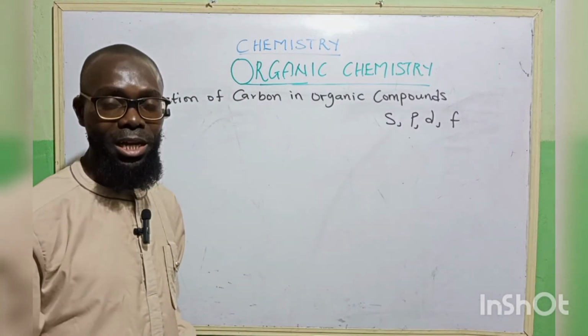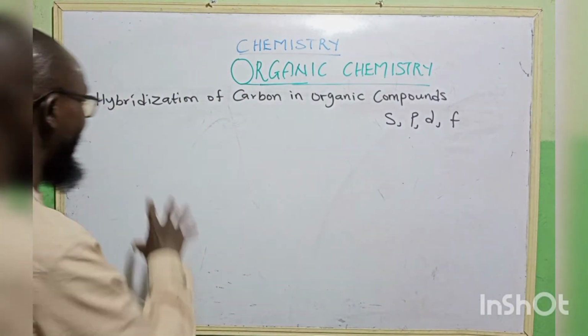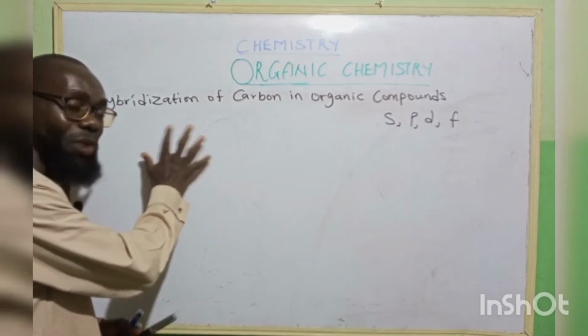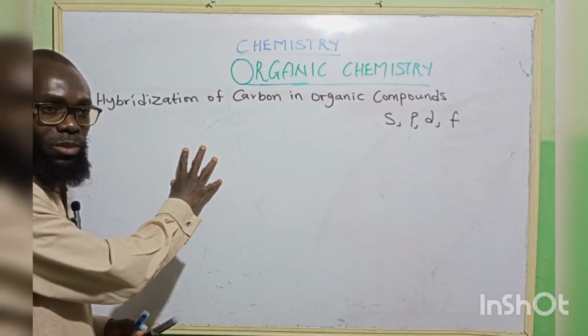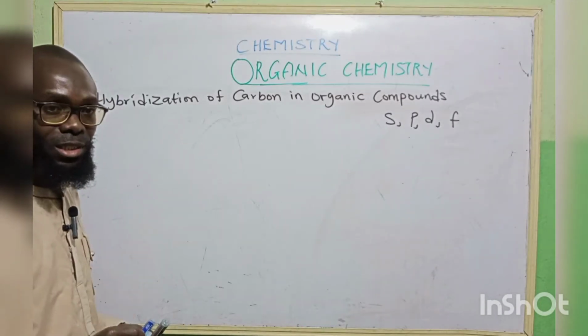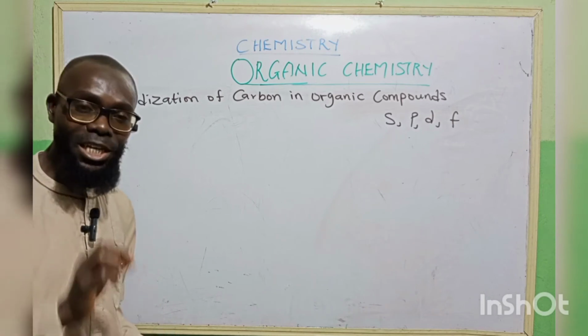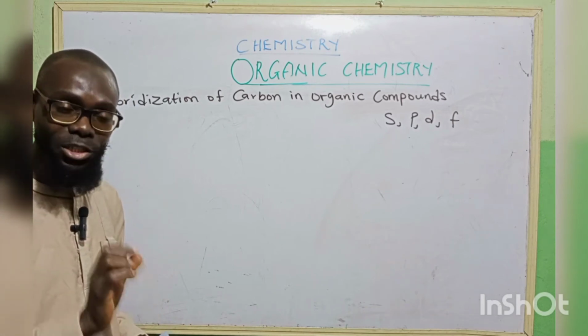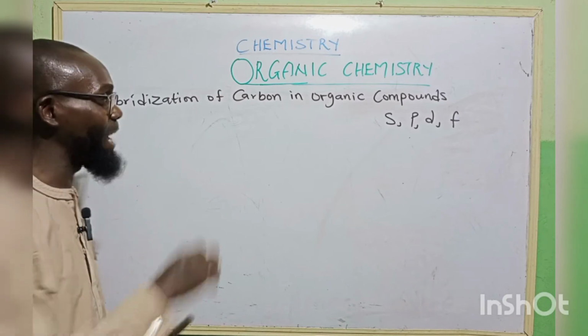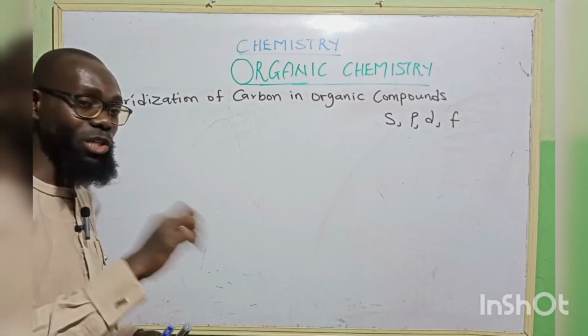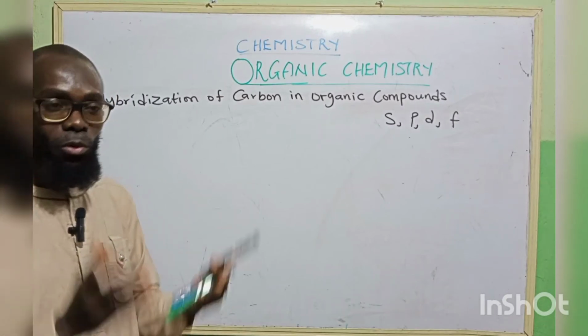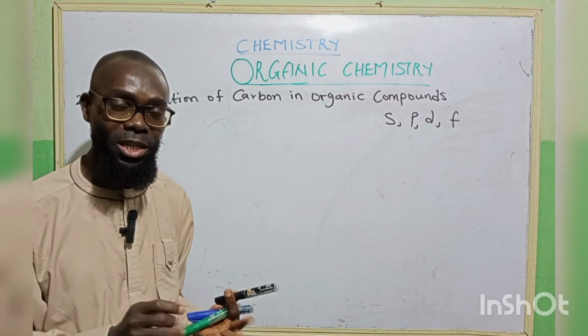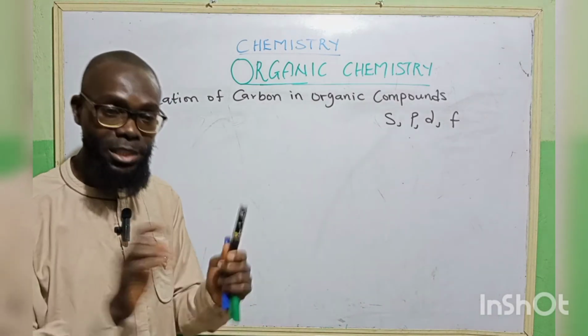Now, in organic chemistry, we have different families, which we call homologous series. We are going to look at each family to see the hybridization of each carbon. There are some families that are bound together by single bonds.